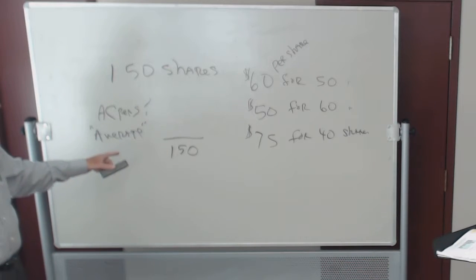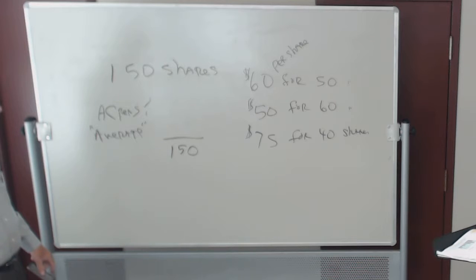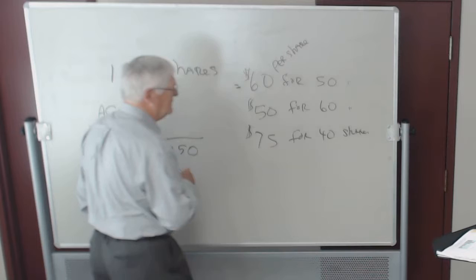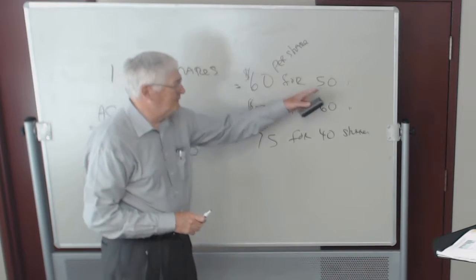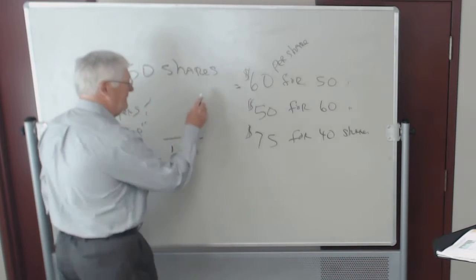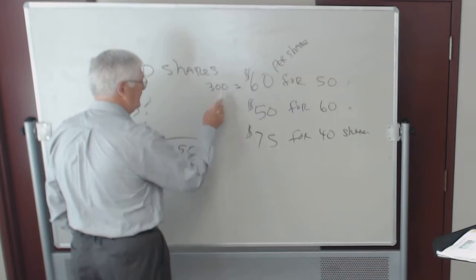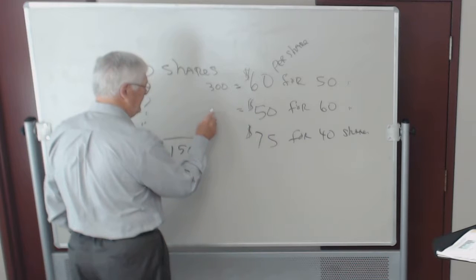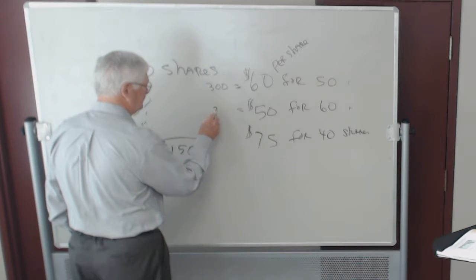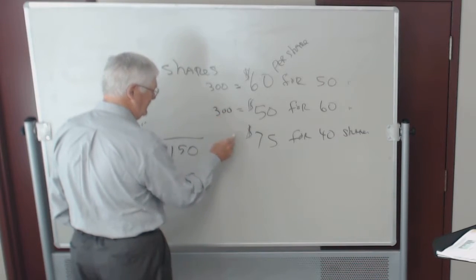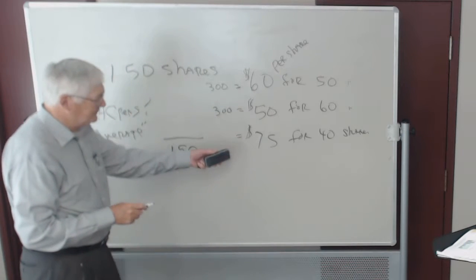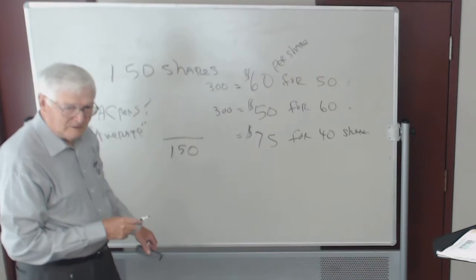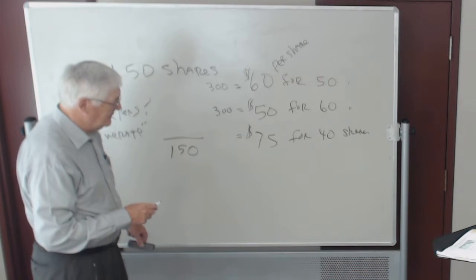So how much money did I spend for these? $60 per share for 50 shares would be what? 3,000? $50 a share for 60 would be 3,000. $75 a share for 40 shares would be 3,000? That can't be right.